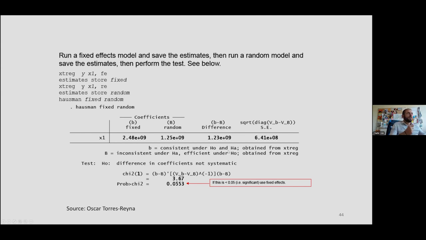And that's why, as I said, we are comparing consistency versus efficiency. I cannot rely on parameters that are efficient but not consistent. So if I have one consistent and the other inconsistent, I will have to use the consistent. If I have two consistent, I will have to rely on the most efficient. Okay.